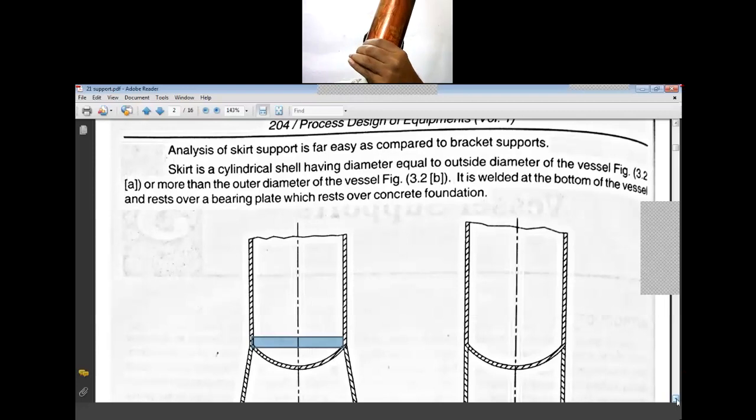Then and only then is it getting overturned. Unless and until the skirt is uprooted, the vessel will not get overturned. So the common vertical vessels or the tall vertical columns are provided with the skirt support.